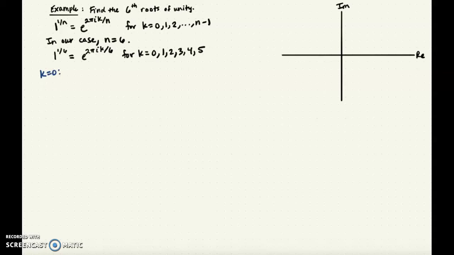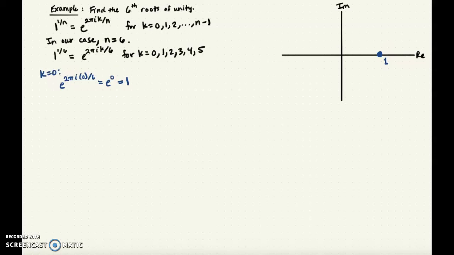Plugging it into this formula, we get e to the 2 pi i times 0 over 6. This is going to be e to the 0. Any number to the 0th power is just 1. So in the complex plane, I'm just going to plot the point 1. And that lies on the real axis because 1 is a real number.